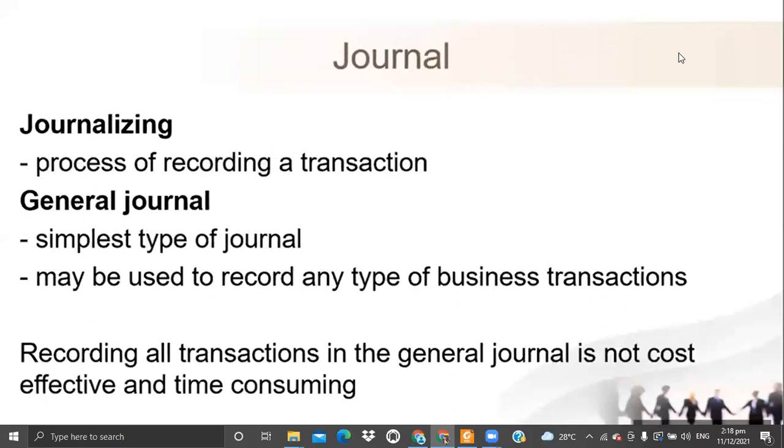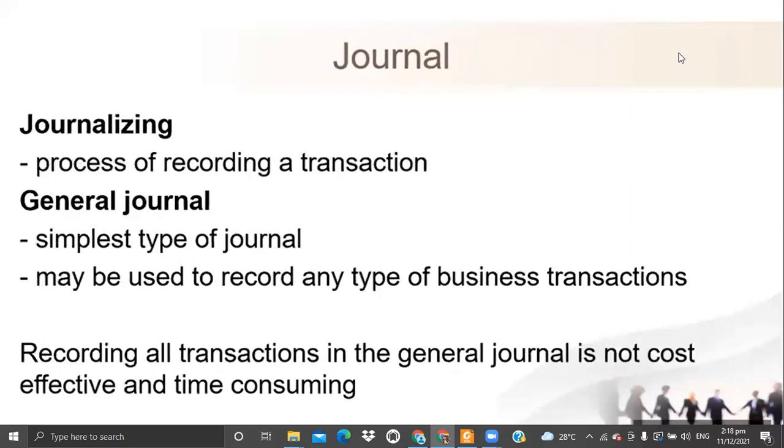Okay, so what is the difference between journalizing and the general journal? When we say journal, actually we have two: the general journal and the special journals.